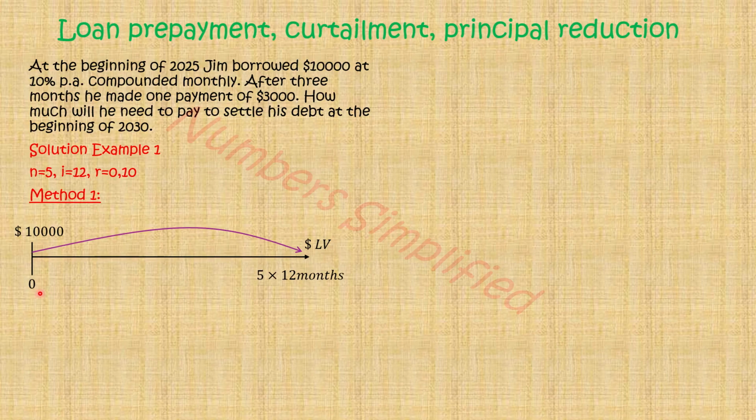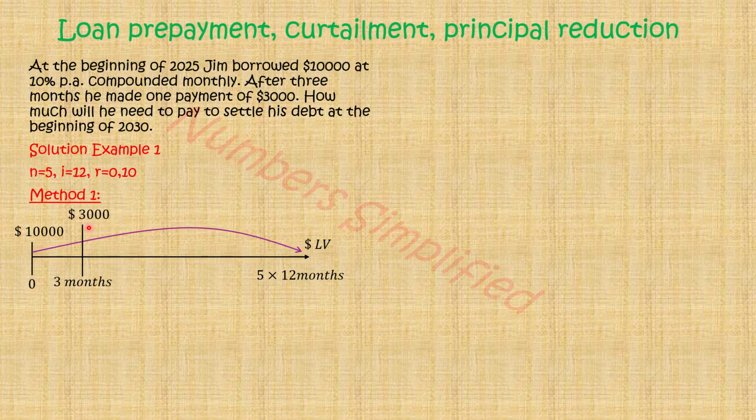Now, we will start with method 1. With method 1, at time 0, we have $10,000 that is being borrowed. After 3 months, Jim decides to pay $3,000 in order to reduce the value of the loan.